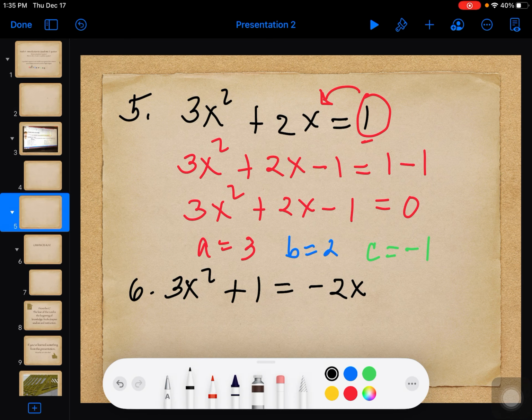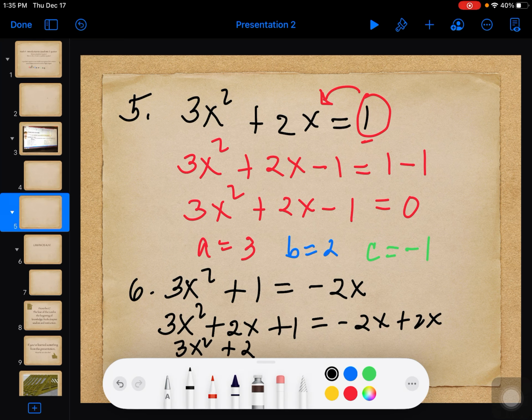So what we're going to do is, you have 3x squared plus 2x plus 1 equals negative 2x plus 2x. Simplified, we have 3x squared plus 2x plus 1 equals 0.